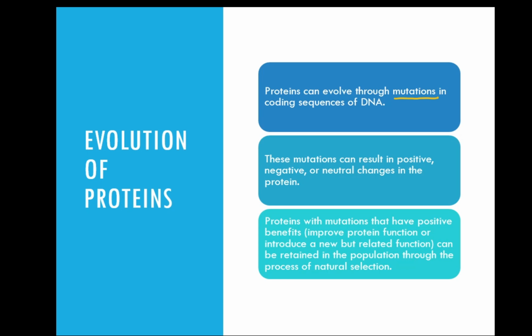It actually ends up creating something that gives that organism a survival advantage over the rest of the population. And so in that case, that's going to be conserved, because in most cases that individual of whatever population it is is going to be able to survive longer, better, produce more offspring. So now this mutated or new version of whatever this protein is going to be the majority of the population. Okay, so things move forward like that.